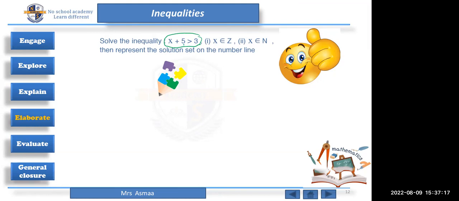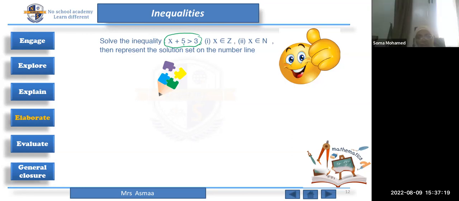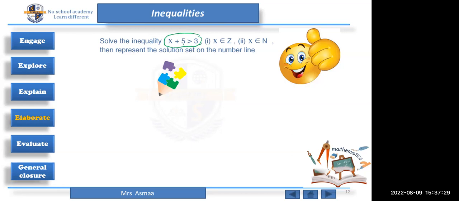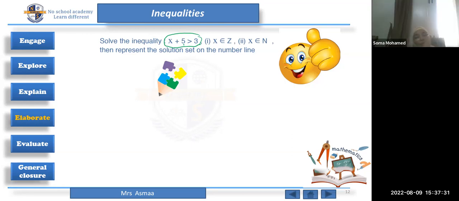The difference between them is only the signs. The sign is equal, or more than, or less than in the inequality. Okay, in an equation the middle sign is equal. In an inequality the middle sign is more than or less than or whatever.